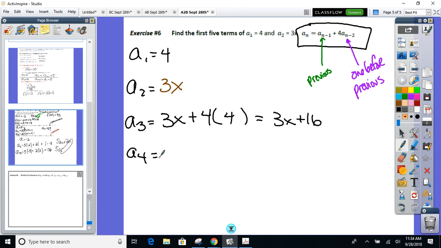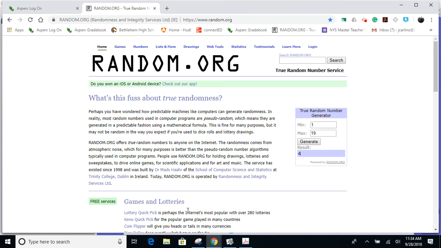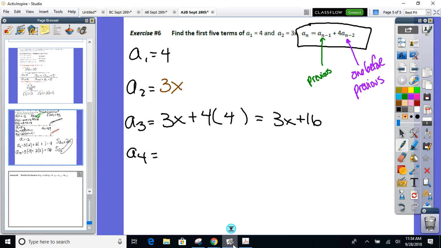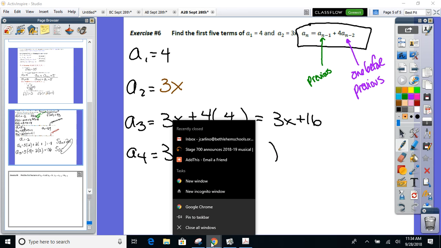Now we're on the fourth term. All right, here you go. Now I'm going to open it up. Here we go, 7. So previous term is the one we just found, 3x plus 16. Plus 4 times, what should I put in there for the term before the previous one?